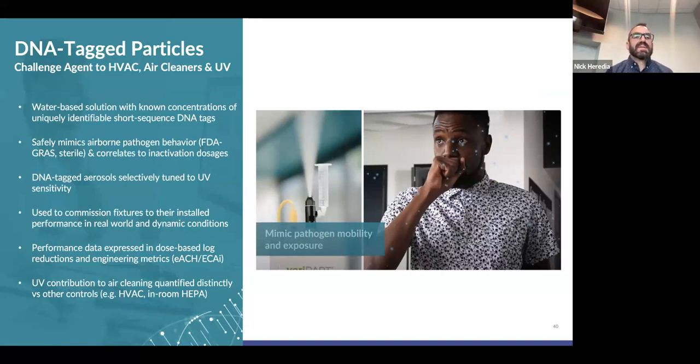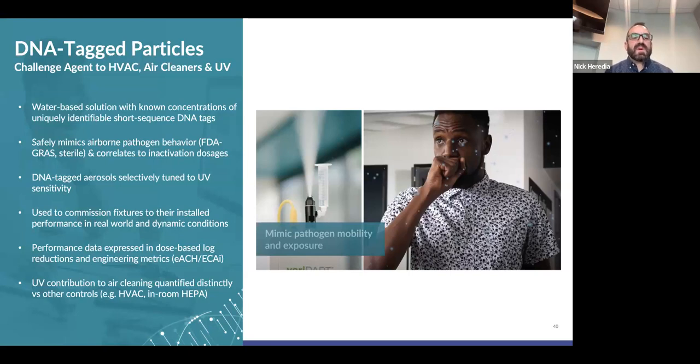They can be sterilized, and it really correlates to inactivation dosages very well. DNA tagged aerosols can be selectively tuned to UV sensitivity, and they're used to commission UV fixtures or air cleaning fixtures at their installation, and they give you data in real world and dynamic conditions of that location.